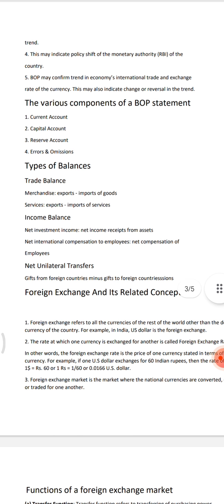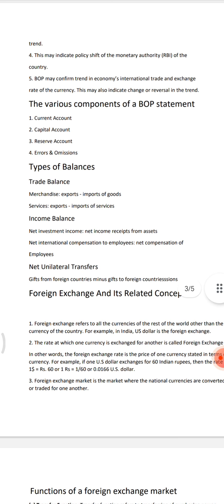These are reserve assets that are created by the IMF and allocated from time to time to member countries. They can be used to settle international payments between monetary authorities of two different countries, such as loans, so they can be used for settling payments. So this was about the reserve account.